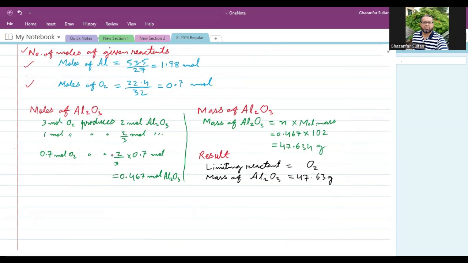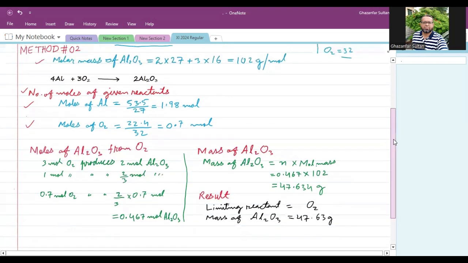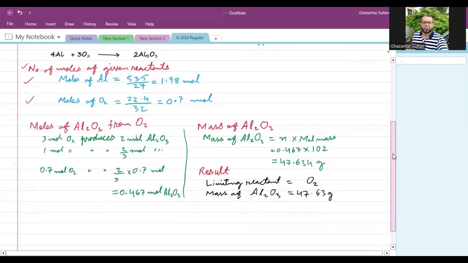So here we have calculated the moles of aluminum oxide from oxygen, and the other reactant is aluminum. So if we calculate the moles from the given amount of aluminum, we will perform almost similar steps.